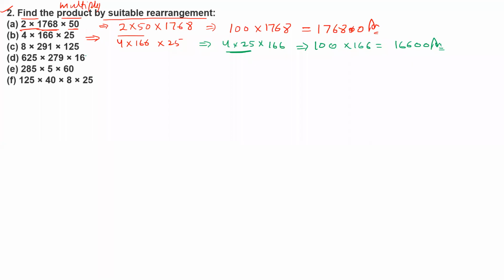Okay, now next question. 625 multiply 279 multiply 16. So arrange. How are you going to arrange? So I'm going to write 625 multiply by 16 multiply by 279, students. So what you will get if you will multiply 625 into 16? So do it in rough. 625 into 16.